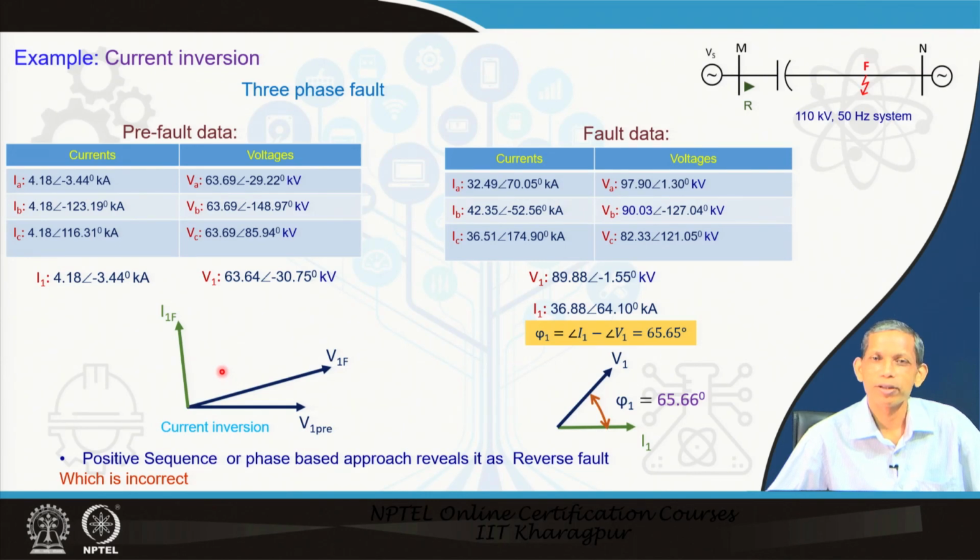In the phasor diagram, we saw that current inversion has two issues. One is that the voltage rises, and the other is that the current also leads the voltage. In a normal line, the current should lag the voltage, but now the current may lead the voltage by a significant amount.